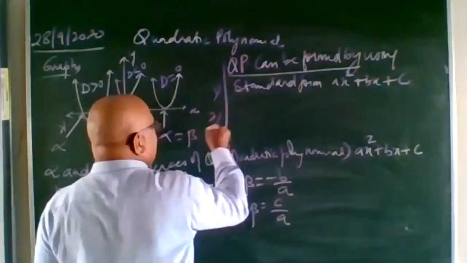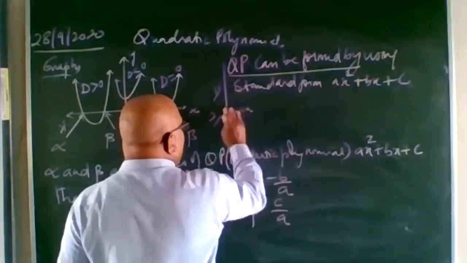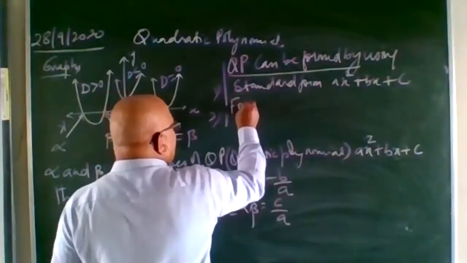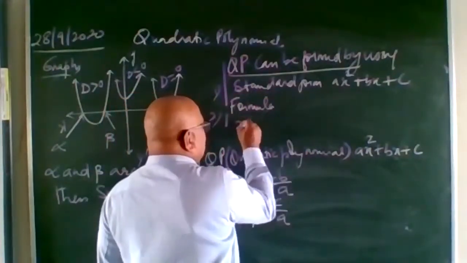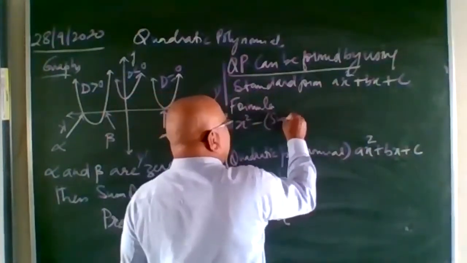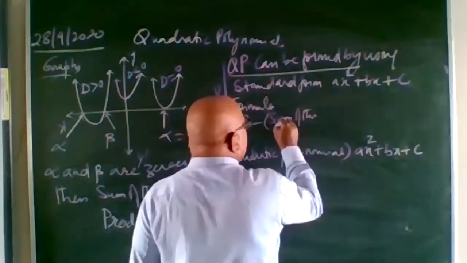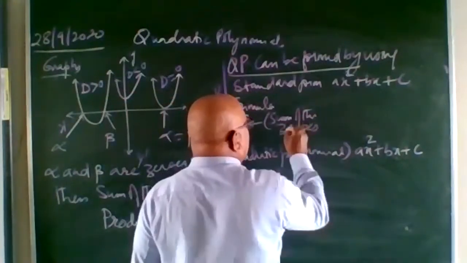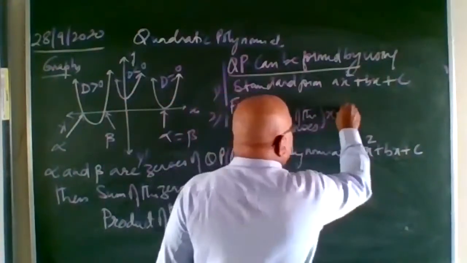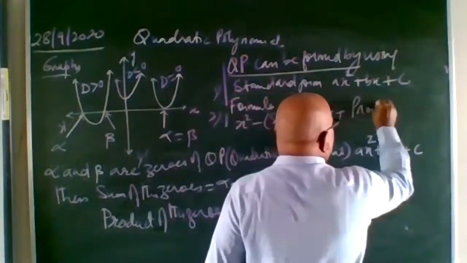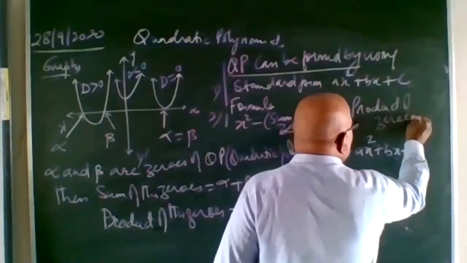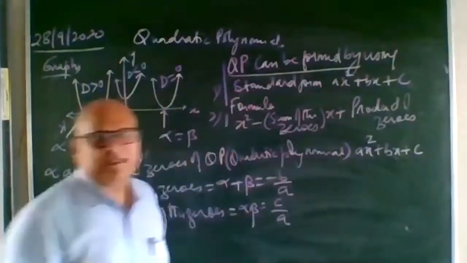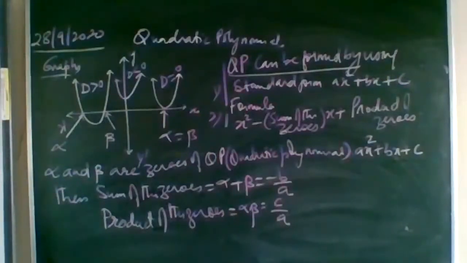Second, using a formula. The formula is x square minus sum of the zeros times x plus product of zeros. These are the two methods by which you can find the quadratic polynomial.